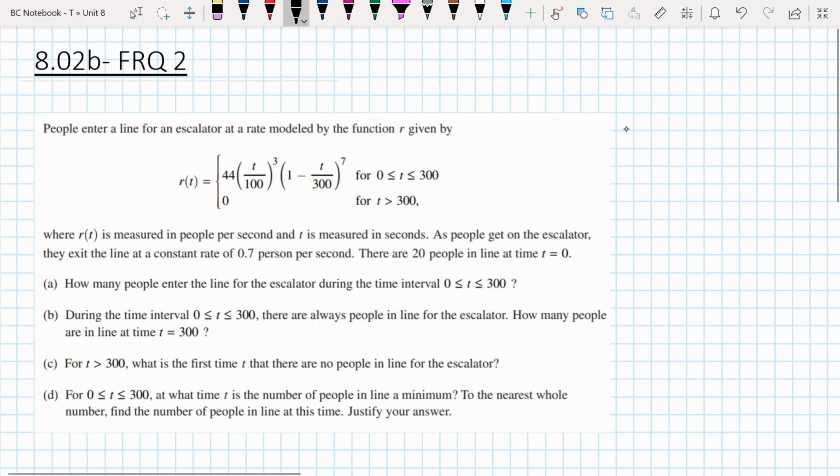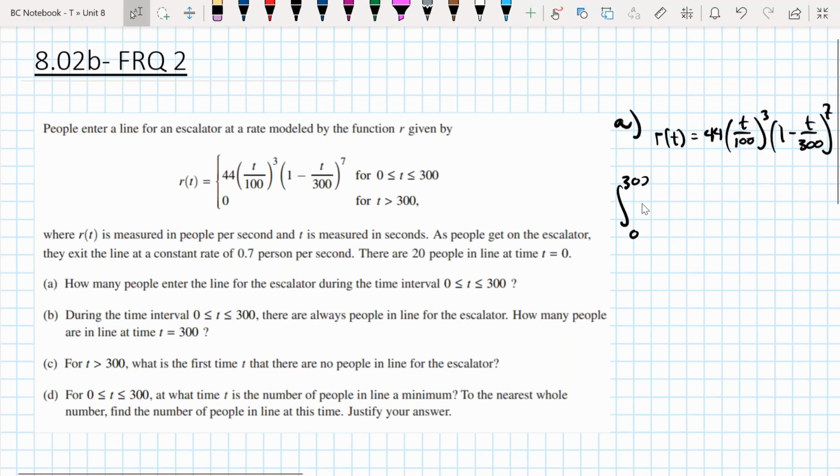So letter A, I'll do that over here again. If R is equal to 44 times (t over 100) cubed, times (1 minus t over 300) raised to the 7th, then the total amount of people who have entered the line from t equals 0 to t equals 300 is going to be the integral of r of t.